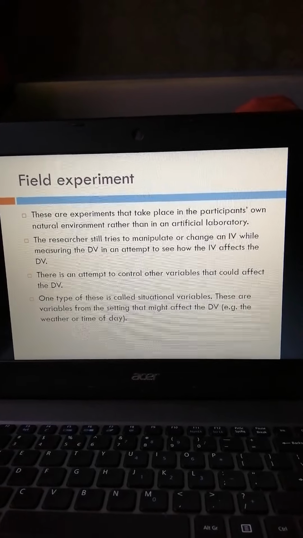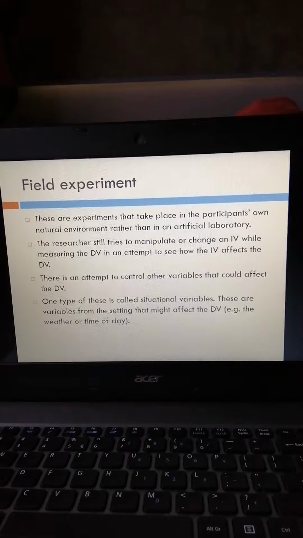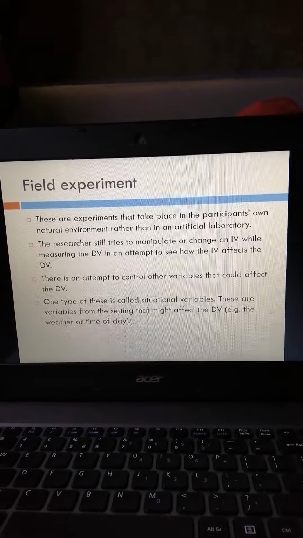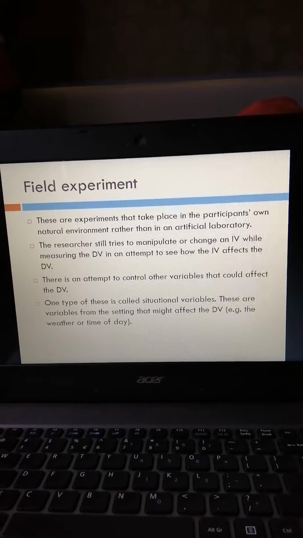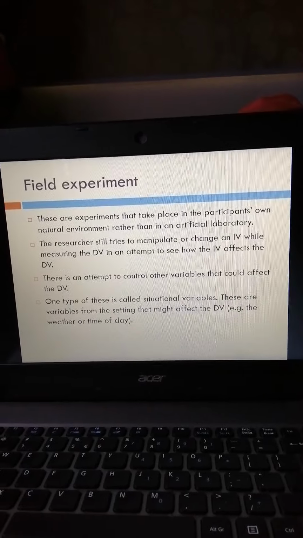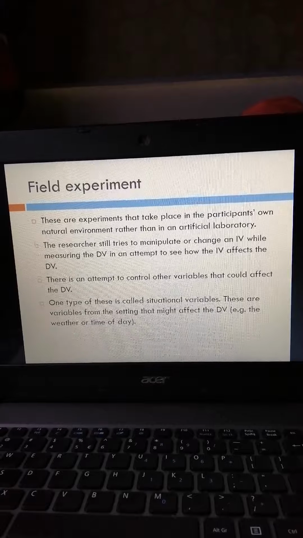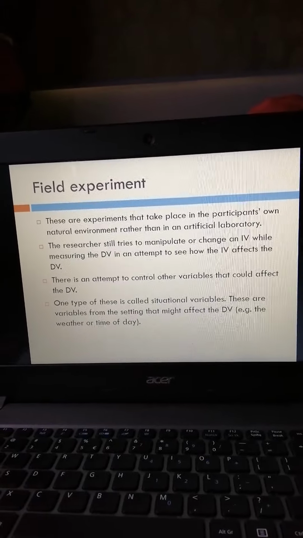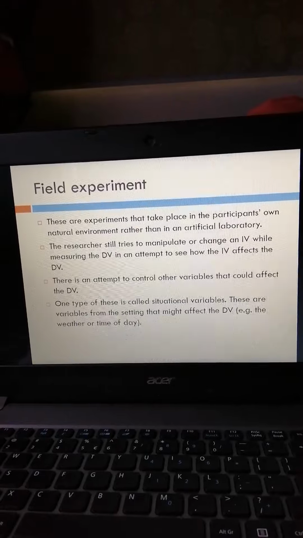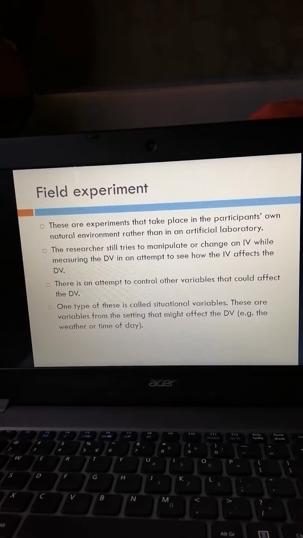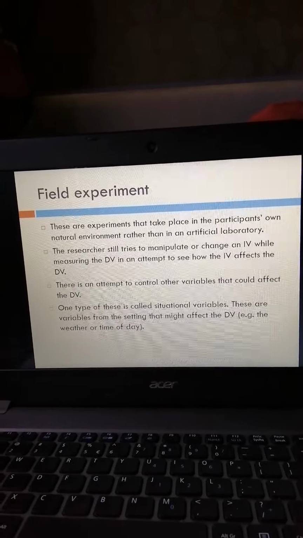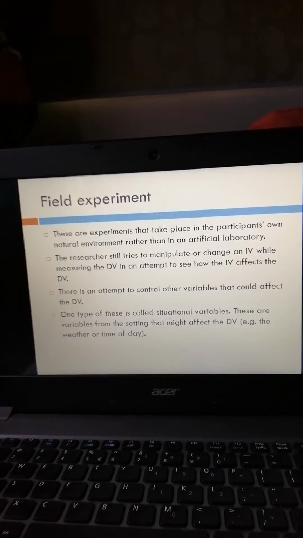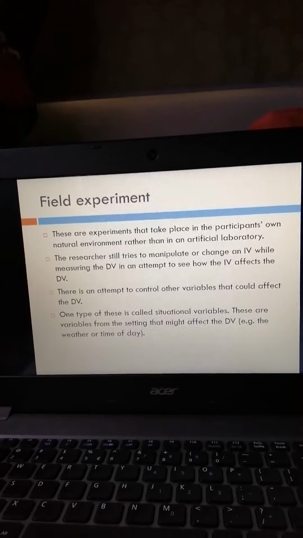Okay, field experiment is related to the study which is conducted outside the lab. You can see, for example, it occurs in the participants' natural setting. Let's say I am the psychologist, so I am interested to identify about students' scores in relation to revision, how much revision and its effect on the academic performance.